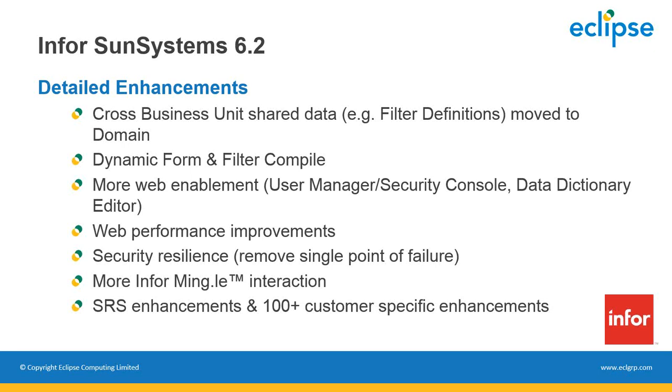We can put in multiple application servers, but to date, there's been nothing we can do, certainly on the larger implementations, to load balance the security service. Well, that again has changed, and so that can now also be load balanced, and so on larger implementations this means we've got a much more robust system, and practically every layer of the SunSystems application stack can now be load balanced or made scalable if we need to.